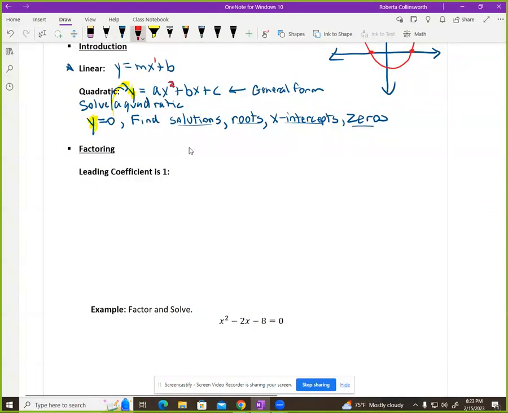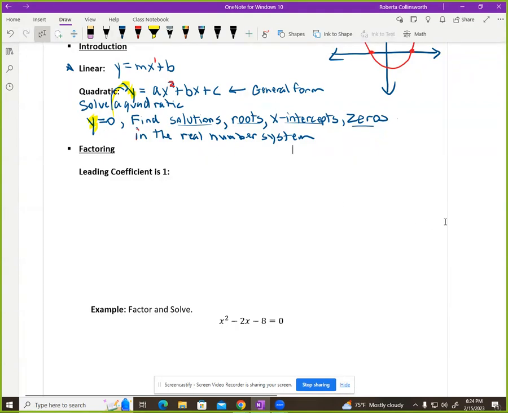So our solutions that we're talking about here, they're in the real number system. The real number system is any number that you can possibly think of in the whole entire world.